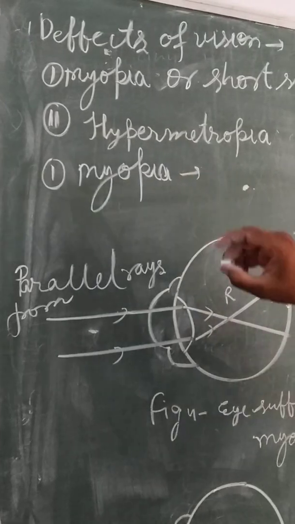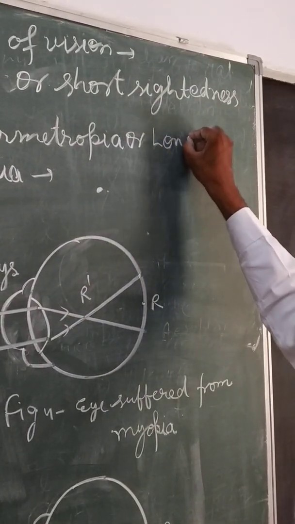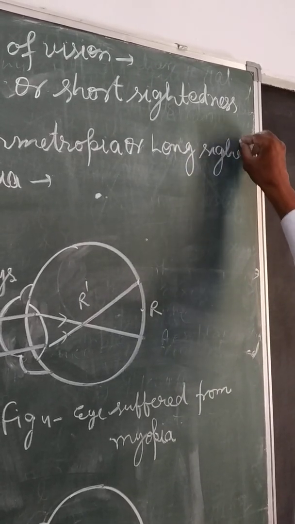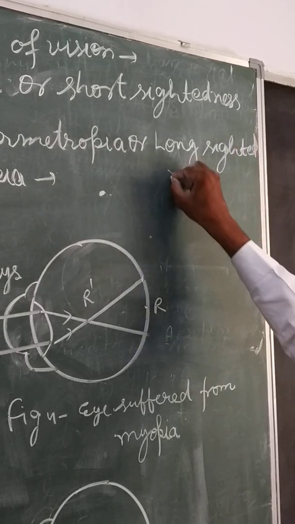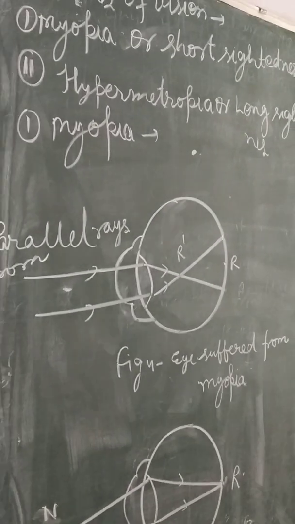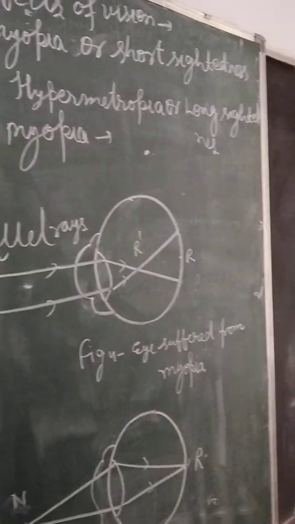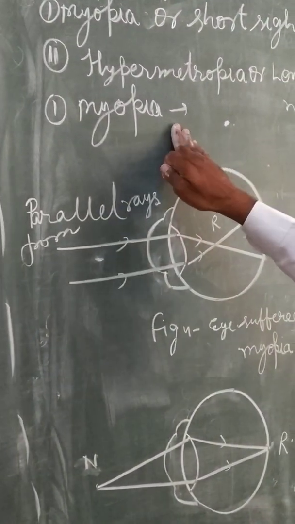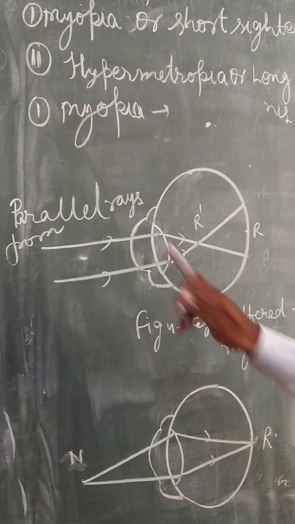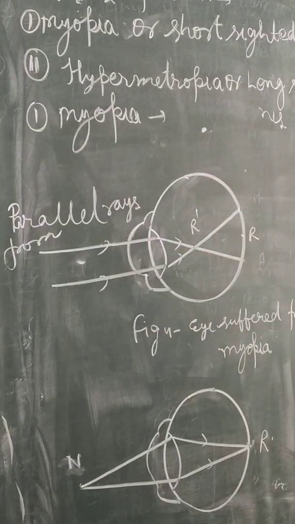And the other is hypermetropia, or long-sightedness. In myopia, the human eye sees nearby objects but cannot see distant objects clearly.